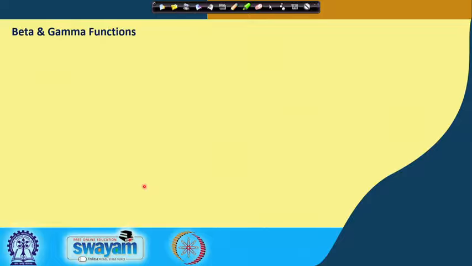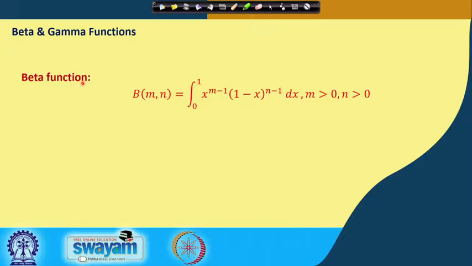So, coming to these functions, we have the beta and gamma functions. The beta function is defined by this integral. The notation we use is B(m, n), and B(m, n) is defined as the integral from 0 to 1 of x power m minus 1 times (1 minus x) power n minus 1 dx, where m and n are positive.